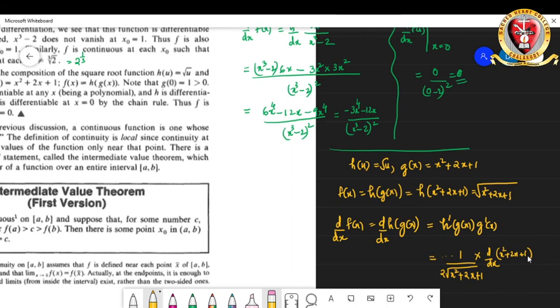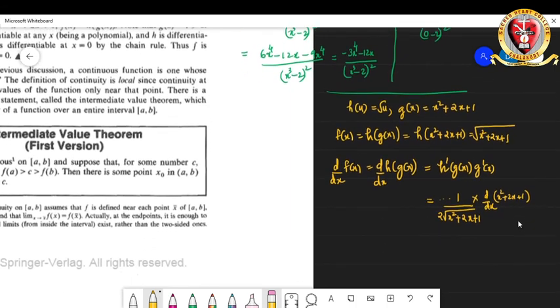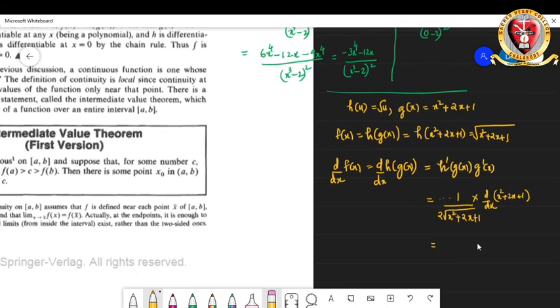So you get that to be equal to 1 by 2 into root of x square plus 2x plus 1 into 2x plus 2. So that is 2 into x plus 1 divided by 2 into root of x square plus 2x plus 1, which is equal to x plus 1 divided by root of x square plus 2x plus 1.